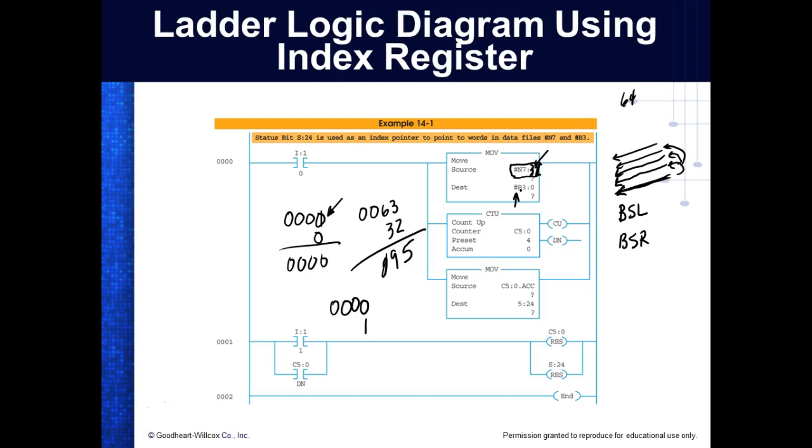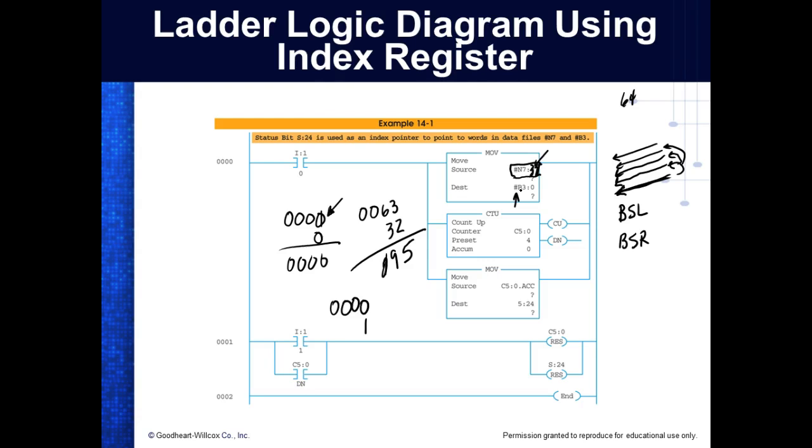So S24, what they're doing is they're taking this and putting it in the index register. So they're counting up. We start off with 0, so we'll offset by 0. So we'll go to D3, 0. Then they increment the index register, right? And then we update the index register.